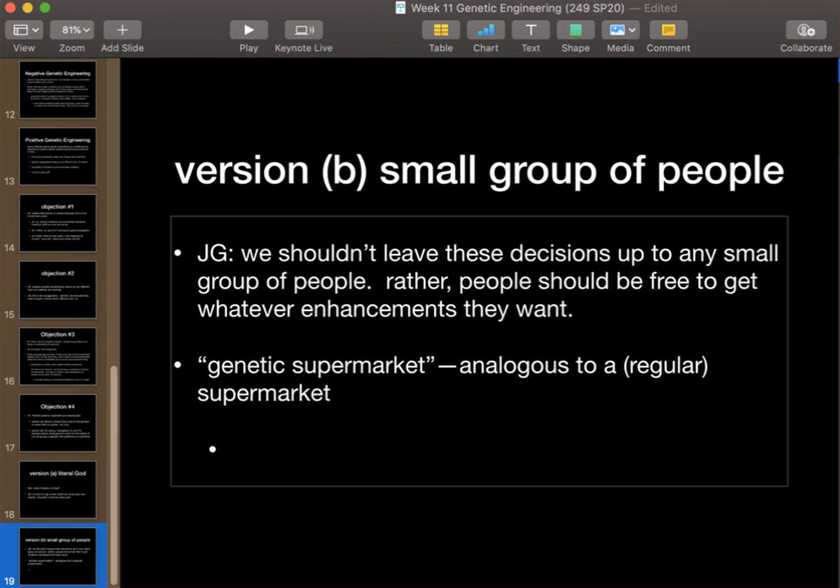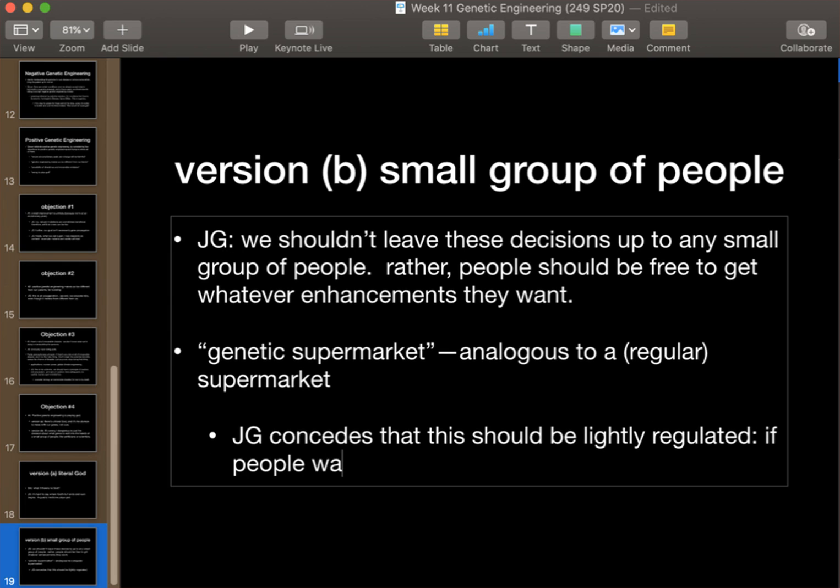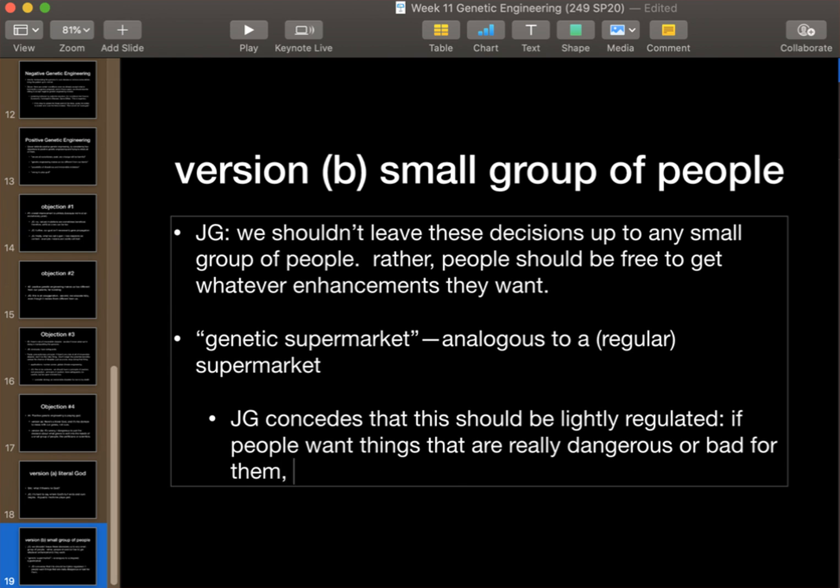Glover also, he concedes that this should be lightly regulated. Okay? If people want things that are really dangerous or bad for them, the government can forbid that. Okay?